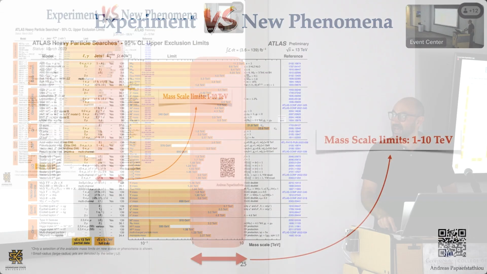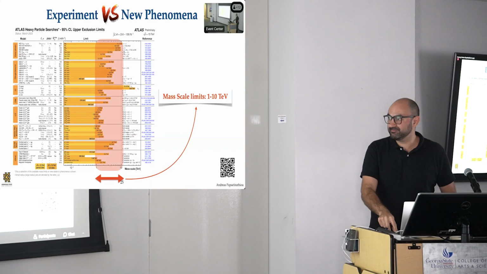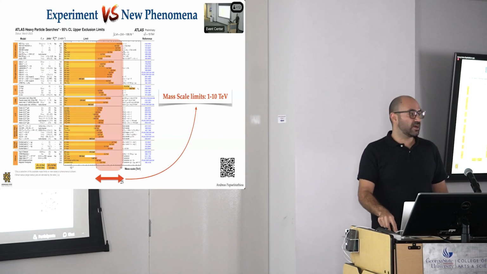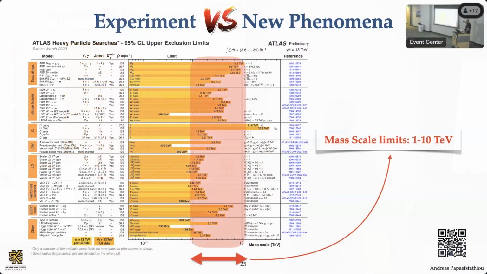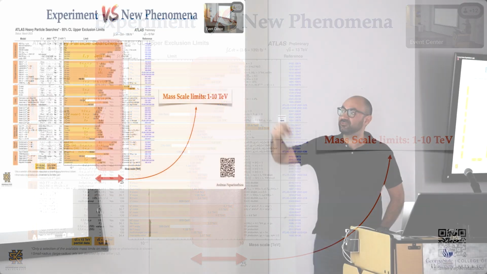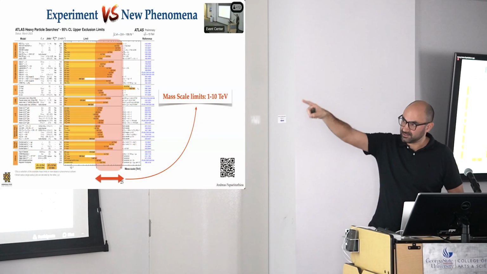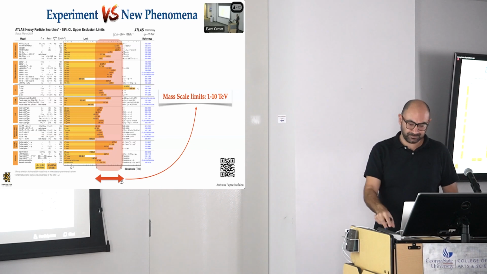I just wanted to highlight that we haven't found anything recently, and the limits are from 1 tera-electron volt to 10 tera-electron volt. 1 tera-electron volt is 1,000 giga-electron volt, and a proton is about 1 giga-electron volt. So this is from 1,000 to 10,000 times the mass of the proton. Particles have to be heavier than that if they exist, given one of those theories.